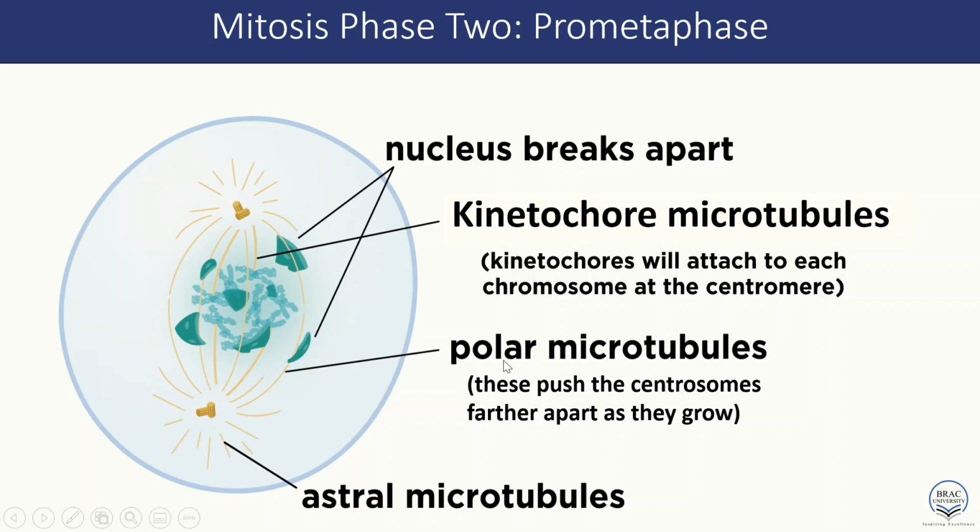And the polar microtubules, from the name, push the centrosomes to the two sides of the cell. Pole means side, actually, and that is what the name polar refers to. These microtubules are called polar because they push the centrosomes to the two poles of the cell.